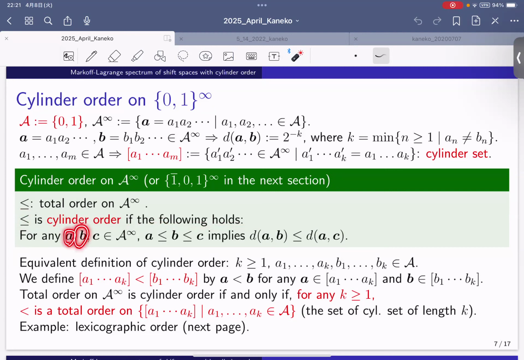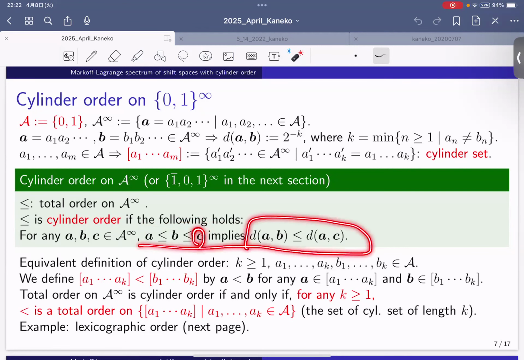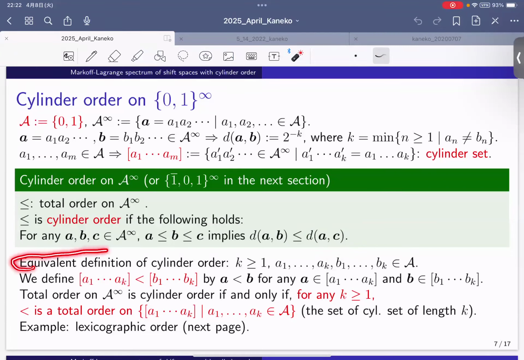If A, B, C are sequences and A is less than or equal to B, which is less than or equal to C, this implies the distance of A and B is less than or equal to the distance of A and C. Maybe it's not so clear, so I would like to introduce an equivalent definition of a cylinder order.